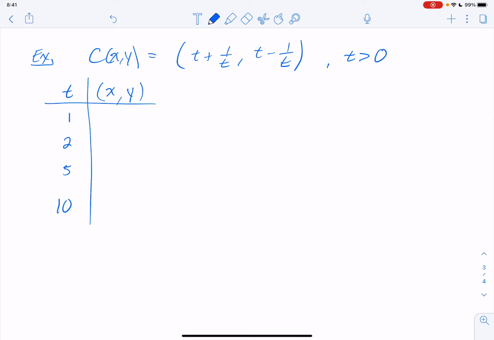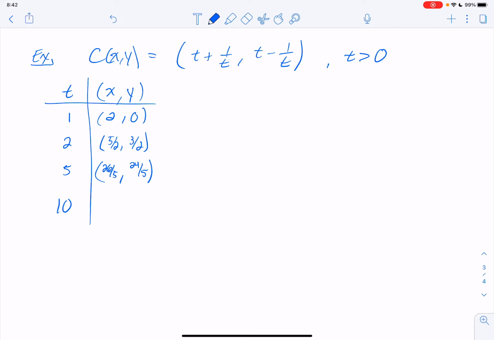For 1, I'm going to end up with a 2, 0. For t equals 2, I'm going to end up with 5 halves and 3 halves. For 5, it gets a little more interesting. I'm going to get 5 plus a fifth, so that's going to be 26 over 5, and then we'll get here 24 over 5.